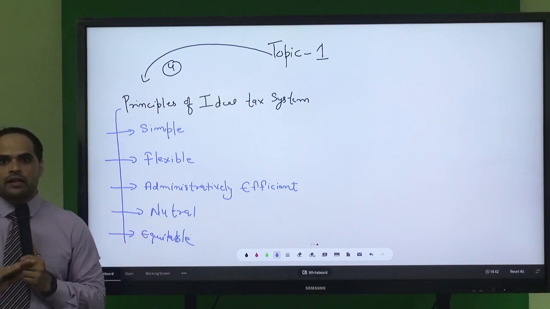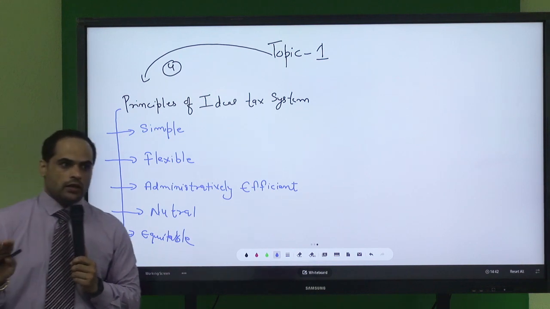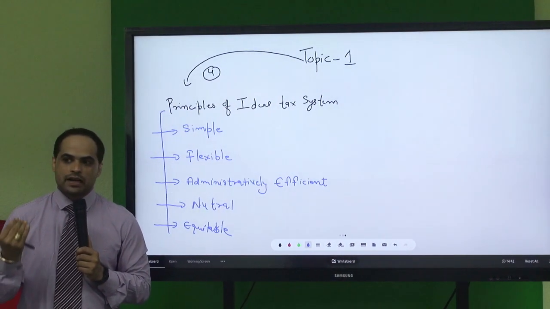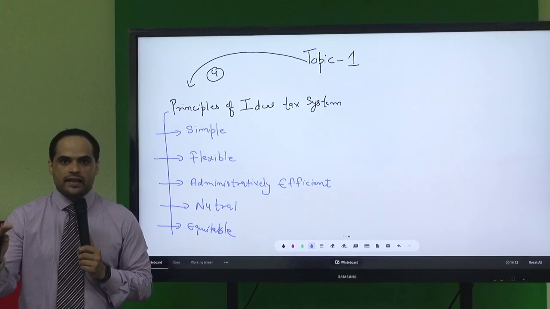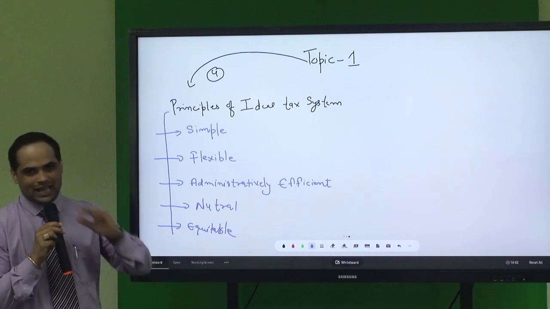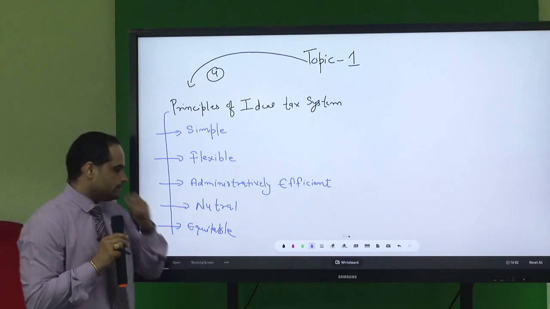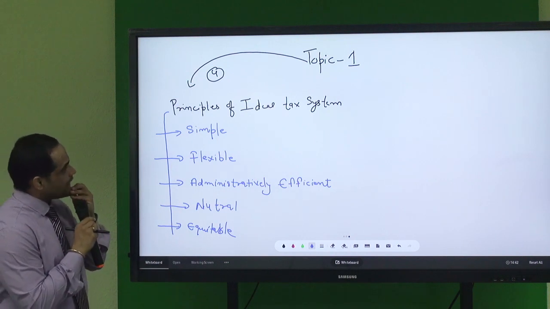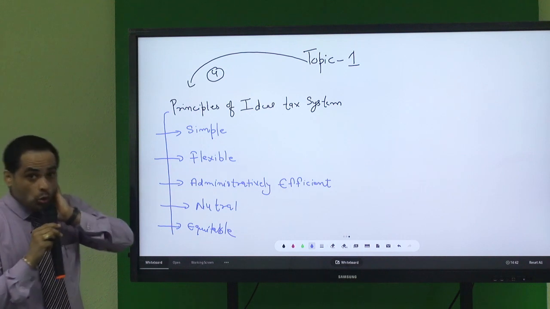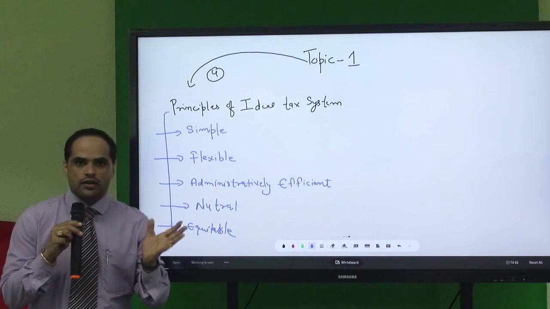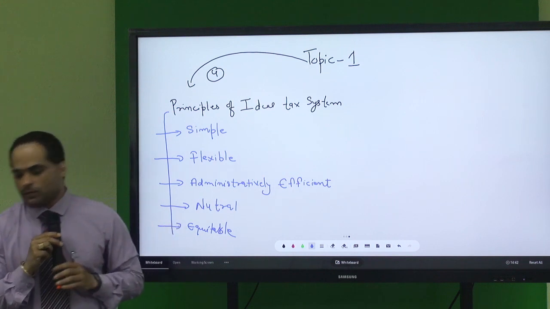It should treat everybody equally, not on behalf of personal interest or unethical things. We should treat everybody equally, with integrity. So those are the principles we should know in order to understand the meaning of an ideal tax system or a fair tax system within the country.